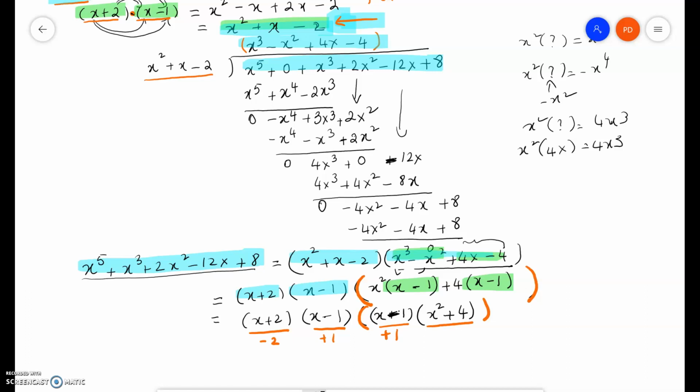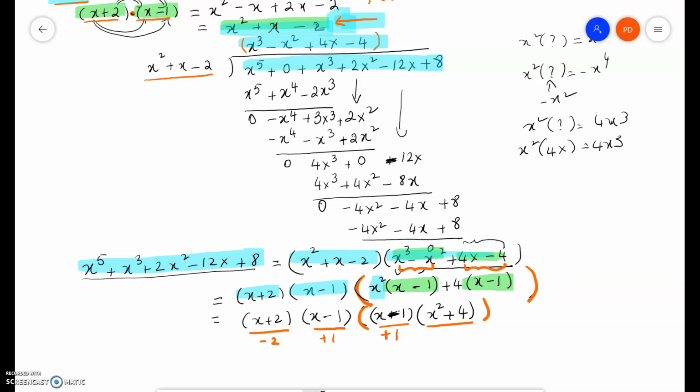We group the first two terms and the next two terms. We find a common factor between x cubed minus x squared. The greatest common factor is x squared. And between 4x and 4, the greatest common factor is 4.